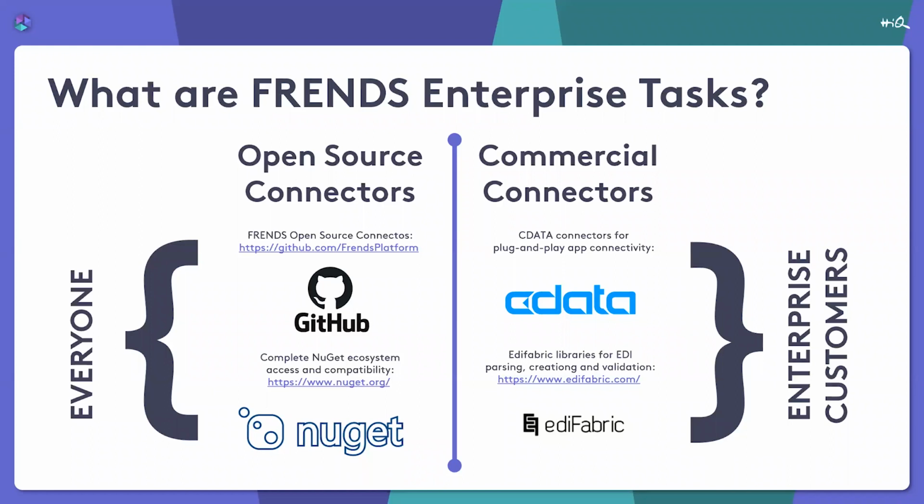And do not forget the other side of the coin, that with Friends we are compatible with the whole NuGet ecosystem. So basically anything that's hosted on NuGet should be something you can get running with Friends with quite little effort. This is the way that we've been dealing with the Friends tasks and connectors for quite some time now.